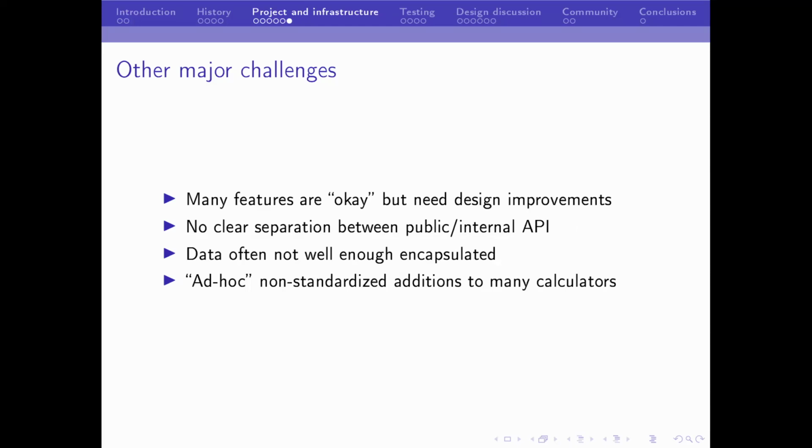And the main problem here is that there is no central definition of what is actually really public, and so what are people supposed to call, such that we cannot change it, and what is internal processing so that we can change it and people should not call it. So that makes it very time-consuming because we don't actually know the repercussions of changing something, and often there are very subtle little things hiding under the surface, particularly in parts that are not well tested.